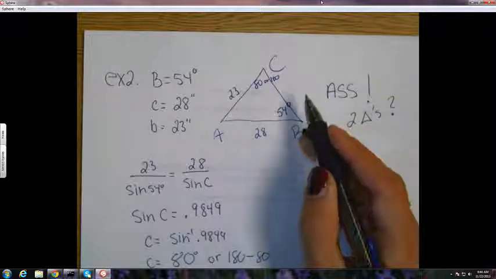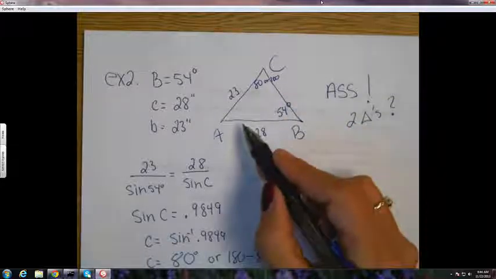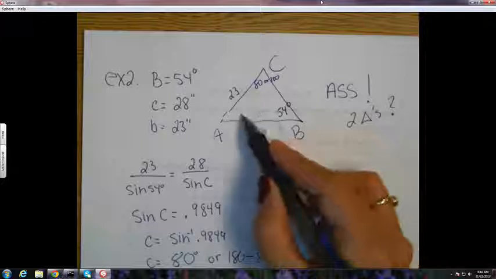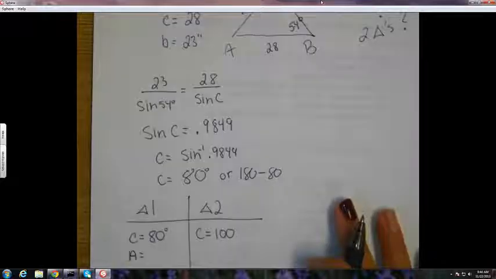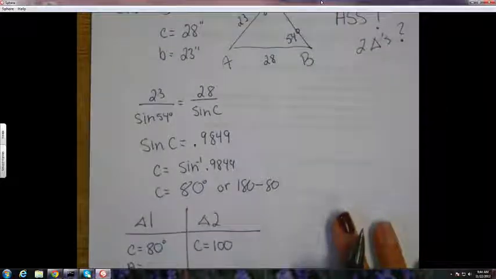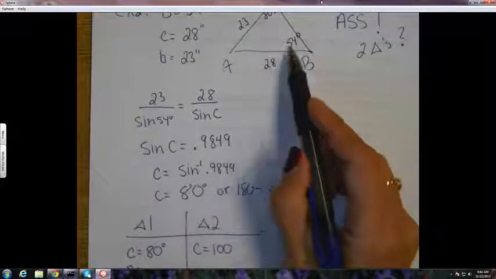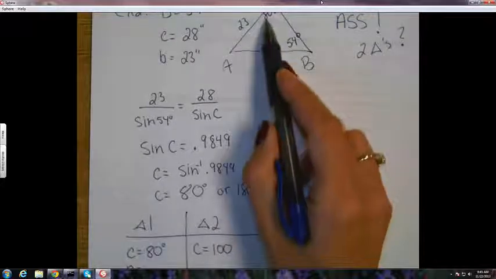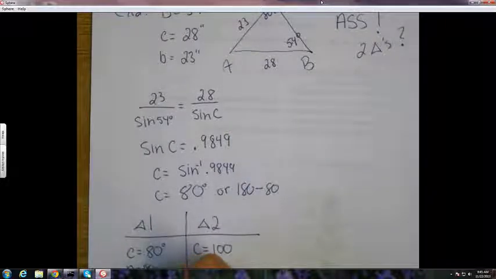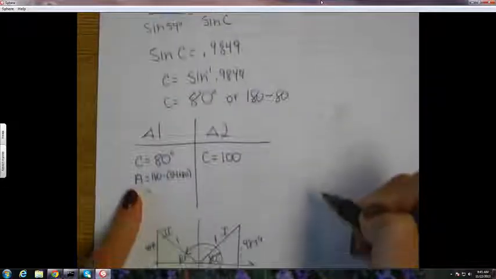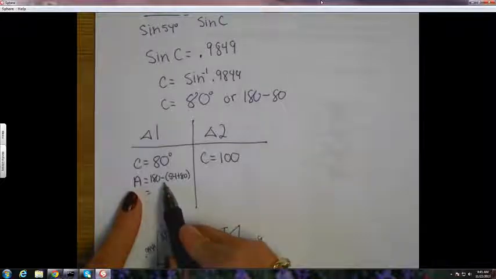I want to find the remaining angle next, because I've got 2 out of the 3, so I can find angle A. So to get angle A, how are we going to get it? Do the 180 trick. I've got a 54, I've got an 80, I'll see what's left. So 180 minus 54 plus 80.